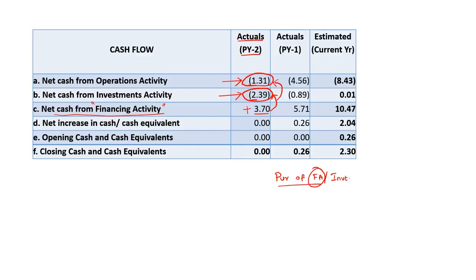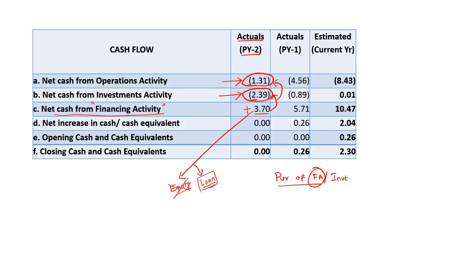So now the question is, what is the breakup of this 3.7 crore? If it is fully from equity, it is good. It means owners are investing money for their investments and they are also taking care of the losses suffered. Or is it fully by loan? Then it is a matter of concern, because there are substantial operational negative cash flows and they are also investing, and owners are not participating, everything is getting funded by loan.